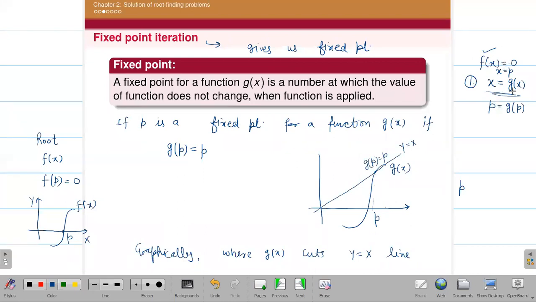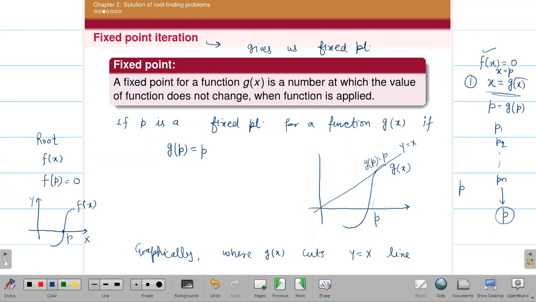After constructing this g of x, I will apply the fixed point iteration method on it. Then by using the method, I will get a sequence, and that sequence gives you p, which is the fixed point for this equation. And that is done. Now that same p is the root for this equation.